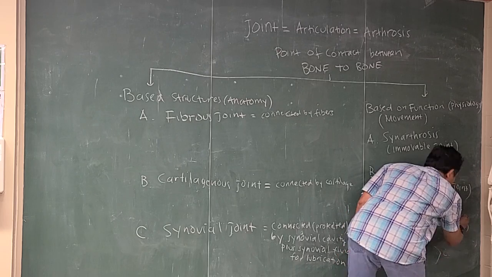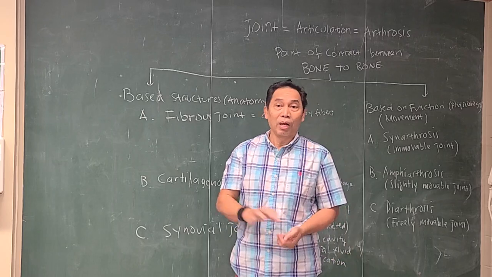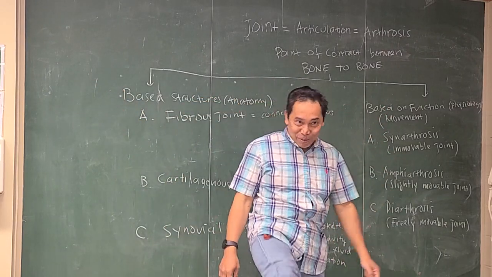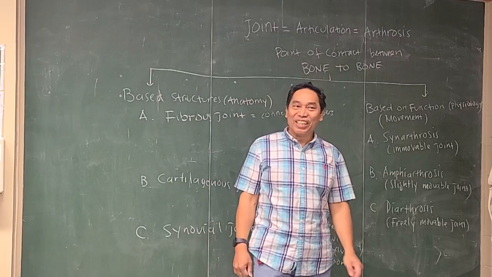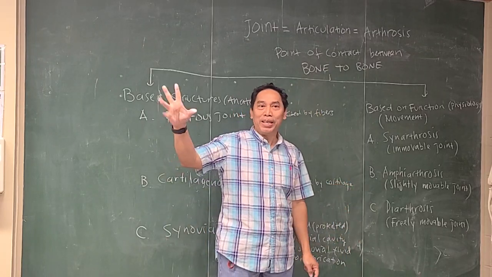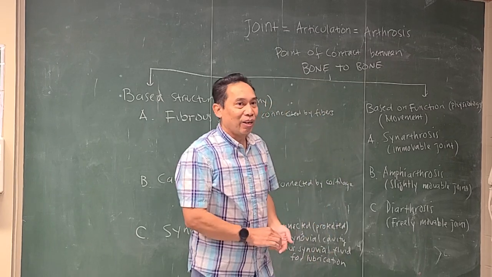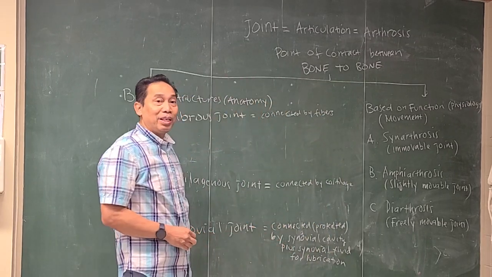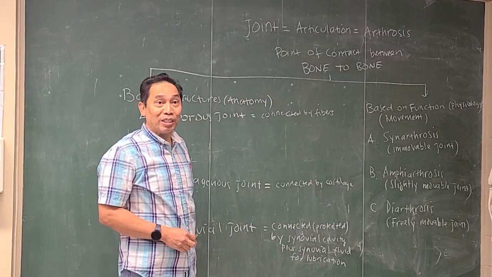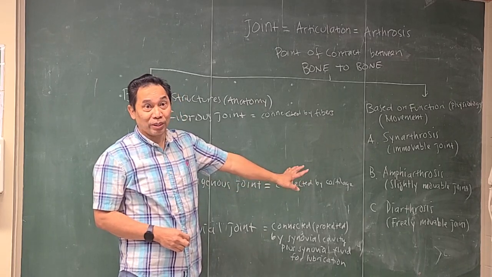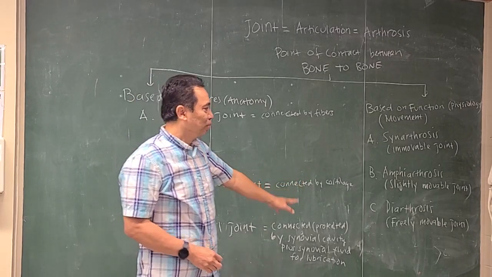That's like our finger to grab. Any freely movable joint is going to be diarthrosis. Your finger, your shoulder, all of them will be synovial joint. All synovial joint will be diarthrosis, because it's a freely movable joint.